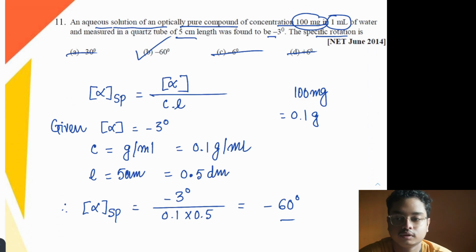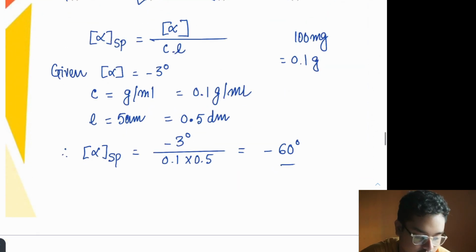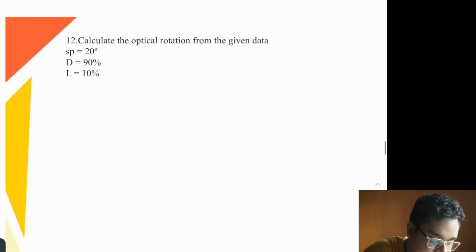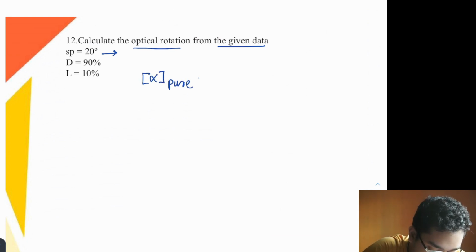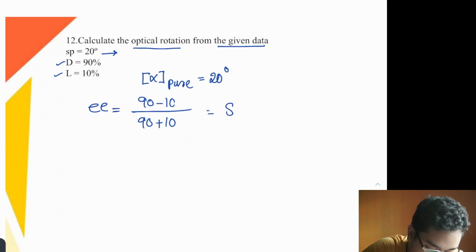Okay. So like this we have to deal with this type of question. Now in the next question, it is given to calculate the optical rotation of the given sample. Specific rotation is given, that I think will be our alpha of pure, and d and l are there. So the enantiomeric excess we have to determine: 90 minus 10 divided by 90 plus 10 equals 80%, or 80 by 100.